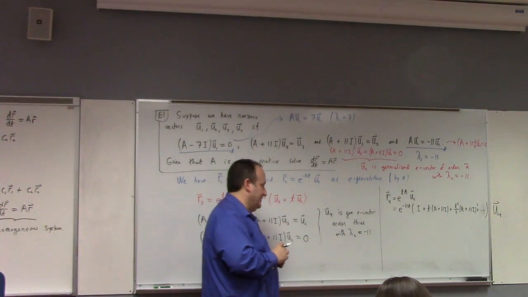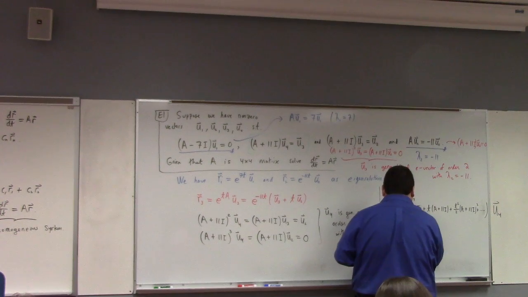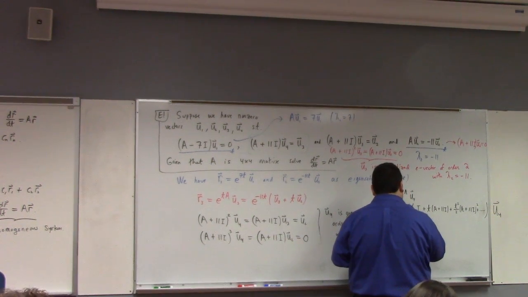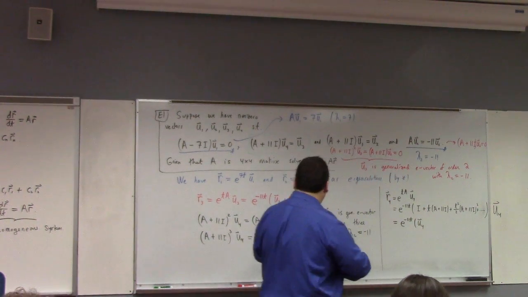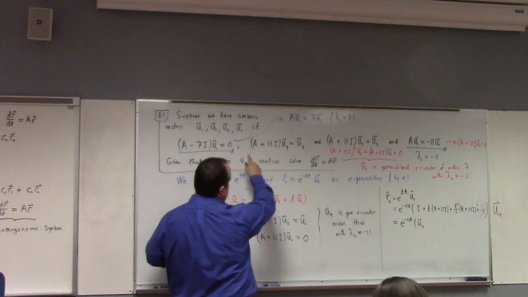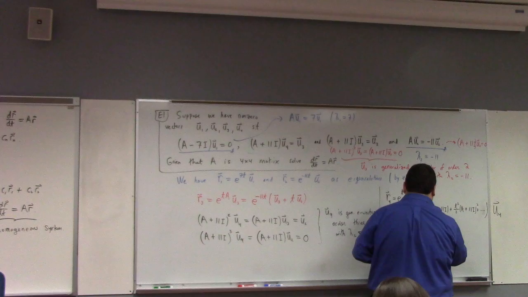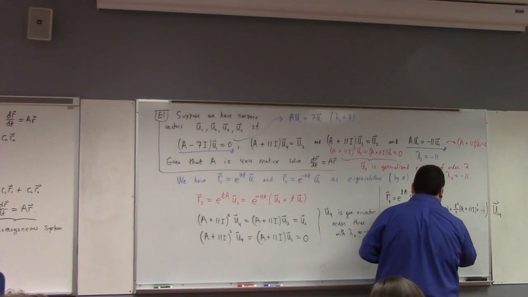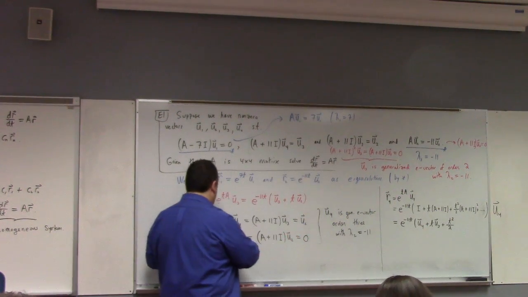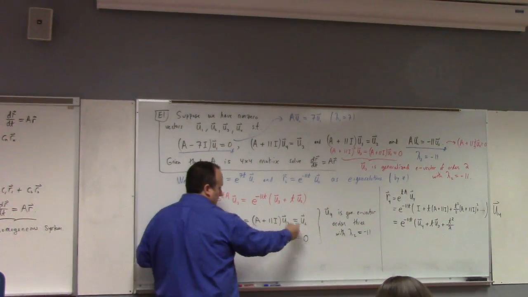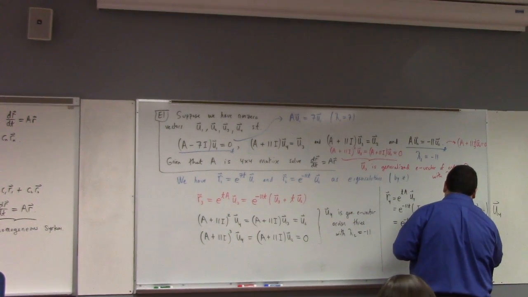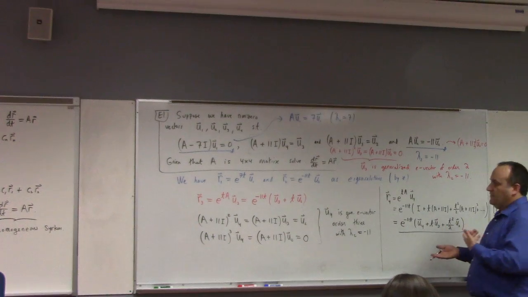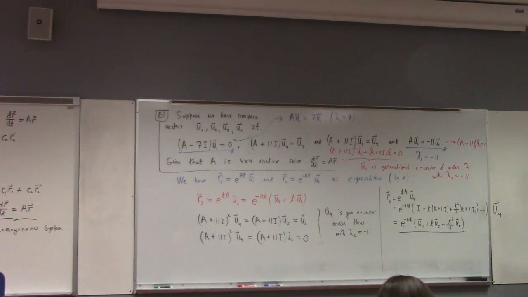See? It's good that somebody put that there. So that gives me e to the minus 11t times u4. What's the matrix times u4? That's given to be u3, so I get plus t times u3. Then I've got my t squared over 2. What's (A plus 11I) squared times u4? That worked out to u2, so that puts a u2 here. And there you go, that's the end of it. If we have a generalized eigenvector of order 3, we get a t term and a t squared term.